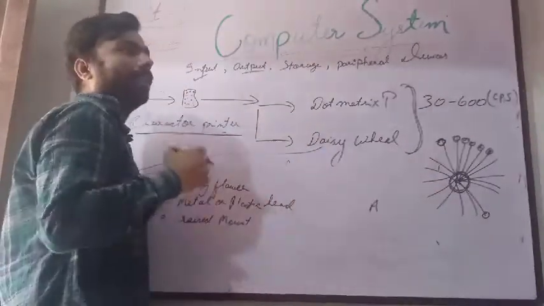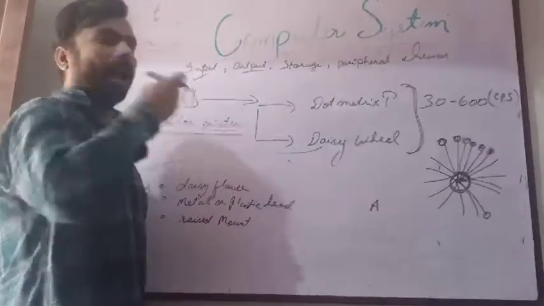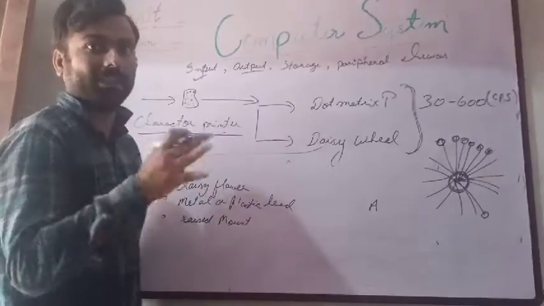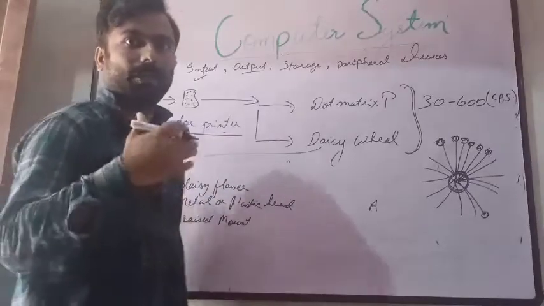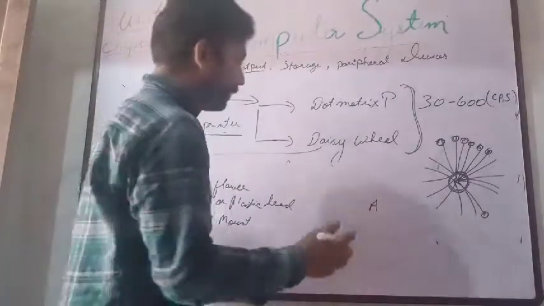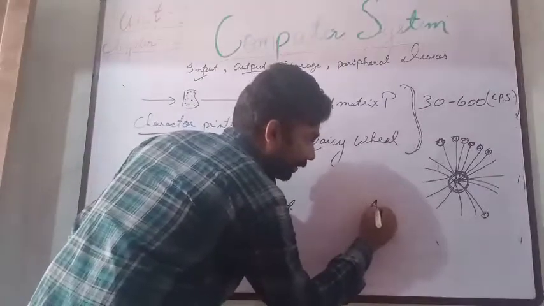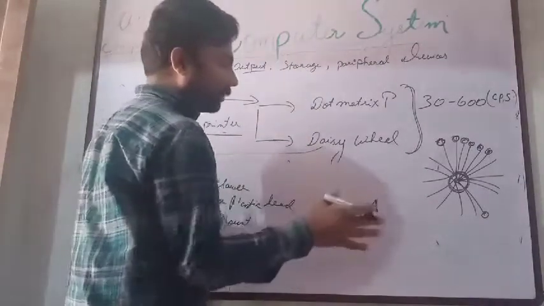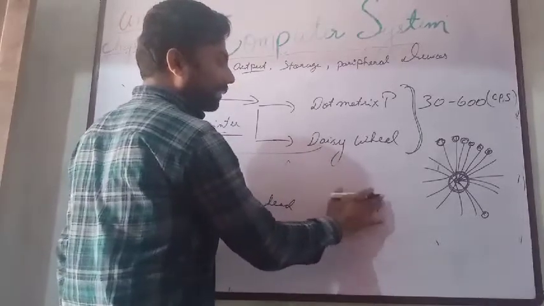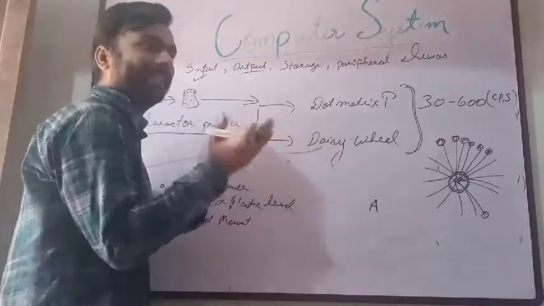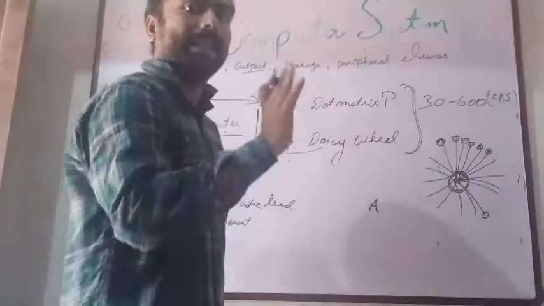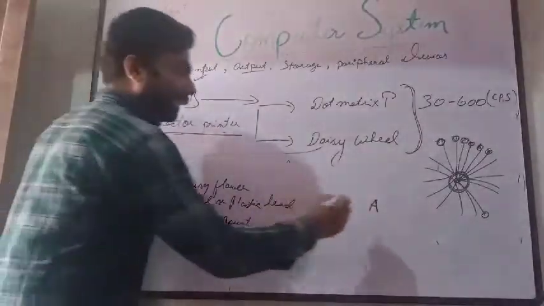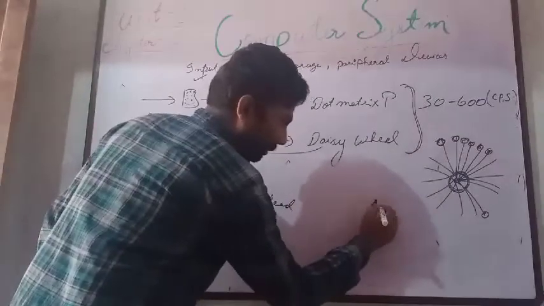Raised means coming out, in the upward direction from the surface, this character comes from inside to outside, it is raised outside. You can touch it and feel that it has come out. That's why, when it hits the carbon, it is printed on the paper. So it used to be in a pointed shape.